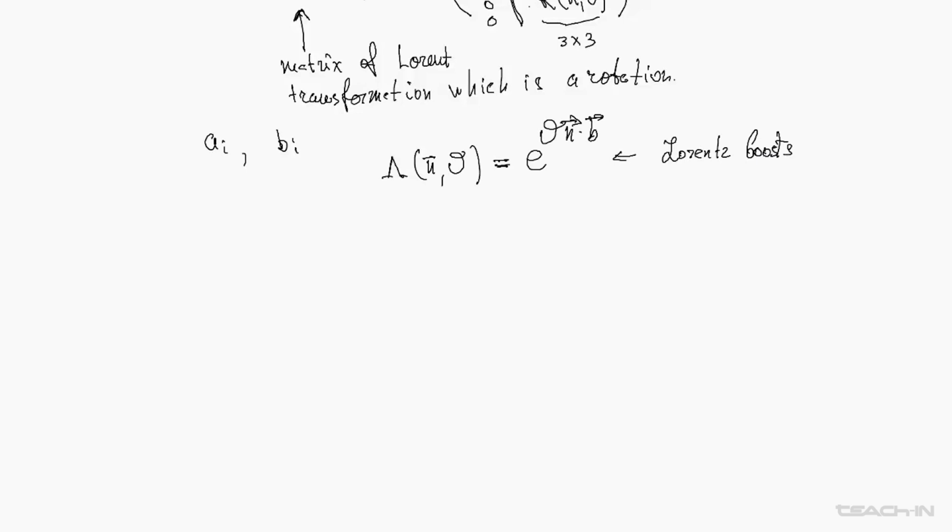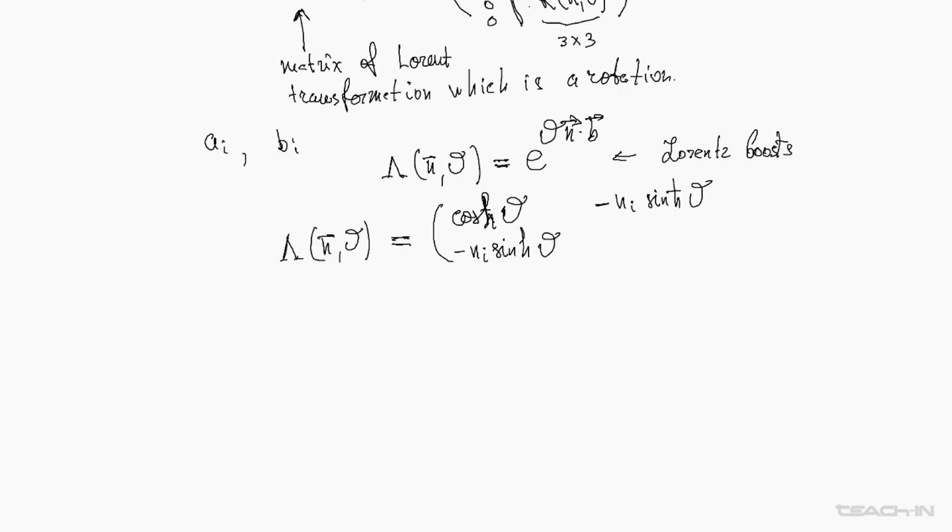So B(n, vartheta) will be given by cosh vartheta, minus n_i sinh vartheta, here minus n_i sinh vartheta, and here delta ij plus (cosh vartheta minus 1) n_i n_j. So this is a 4 by 4 matrix.